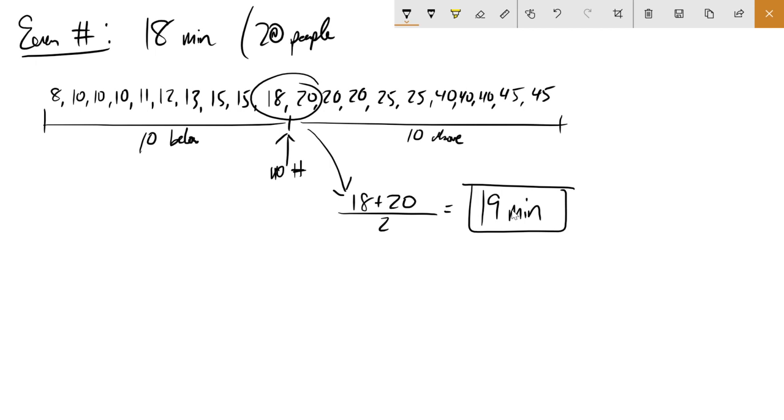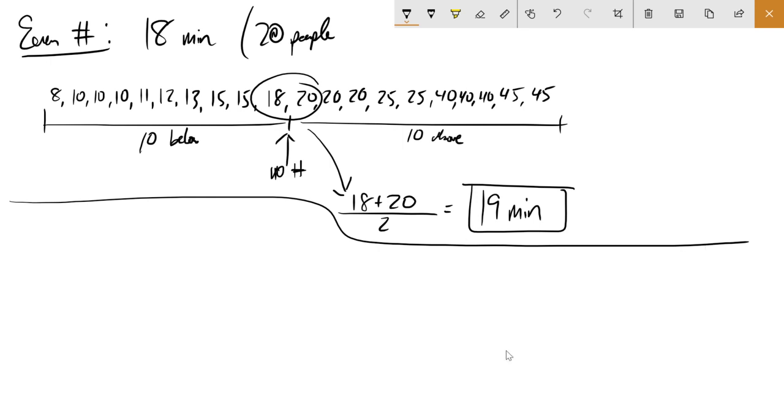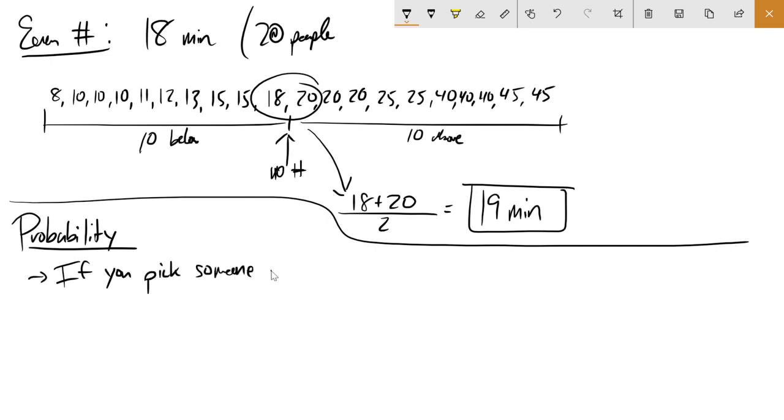All right. So I'm going to keep that data up. The other thing that chapter 5 goes into is it talks briefly about probability. So my question would be something like, let's say you pick someone in this room, just out of a hat.